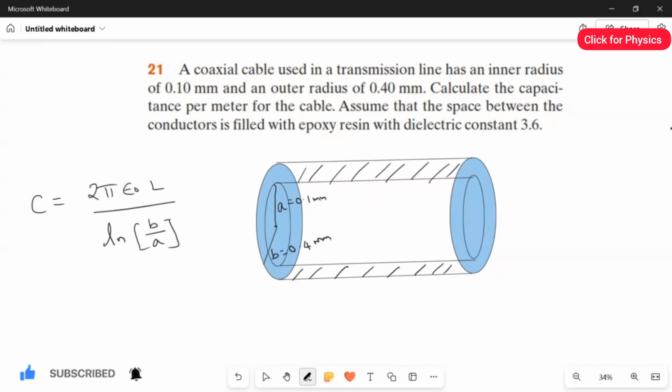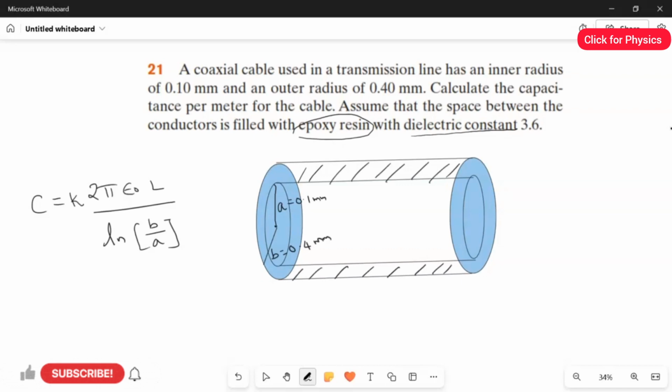But here, in between the two cables it was filled with epoxy resin, so we have to multiply this entire term by K because it's a dielectric.